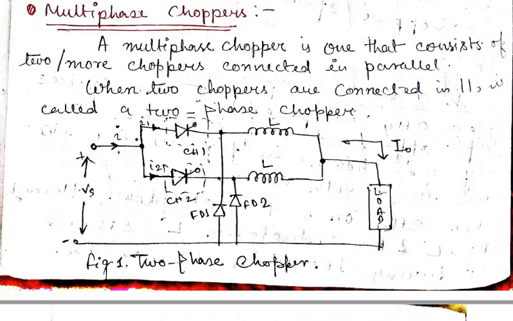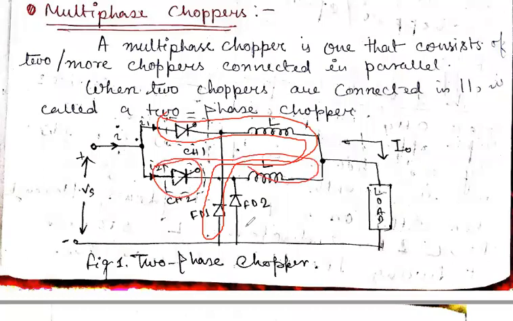The figure shown here is a two-phase chopper. This is one chopper circuit, and the other one is this. So here two chopper circuits are connected in parallel.